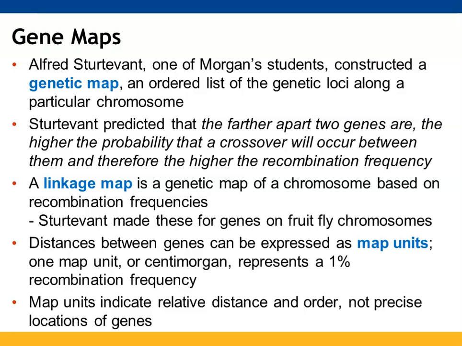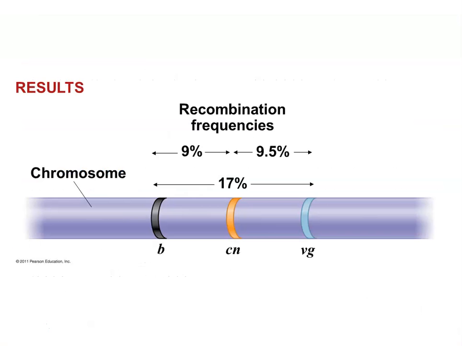And again, linkage maps show us how we can look at chromosomes based on the recombination frequencies. These units that are used to describe the distance between these alleles give us an idea of their relative distance and the order in which these alleles are found on the chromosomes, but that does not mean that we have an exact location. It just helps us to order things.